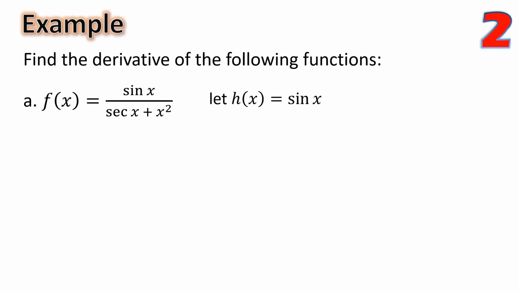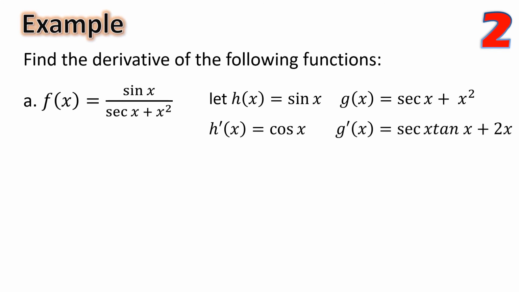Let h of x be equal to sine x and g of x be equal to secant x plus x squared. The derivative of the function in the numerator is cosine x, and the derivative of the function in the denominator is secant x tangent x plus 2x. That is the derivative of x squared, 2x.